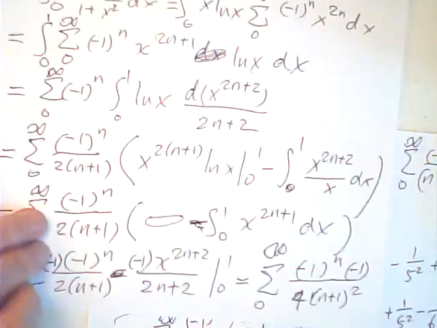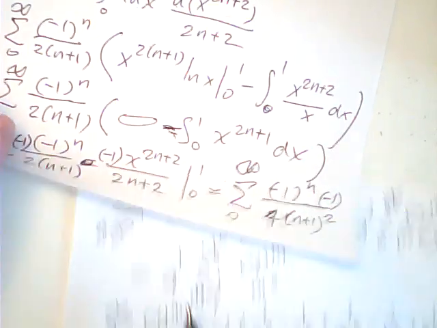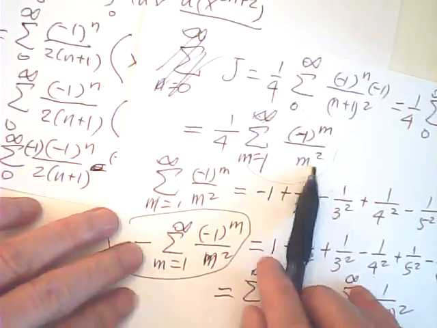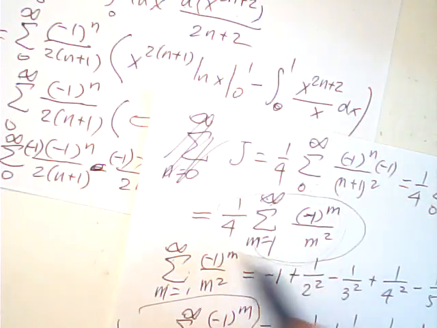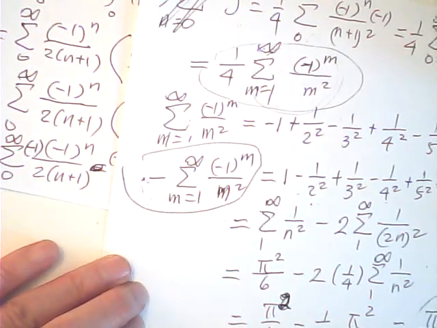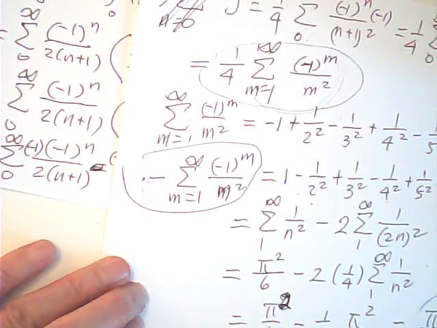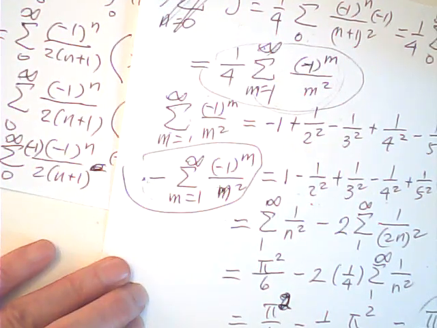J is equal to what? J is equal to 1/4 of that, and this is negative, right?